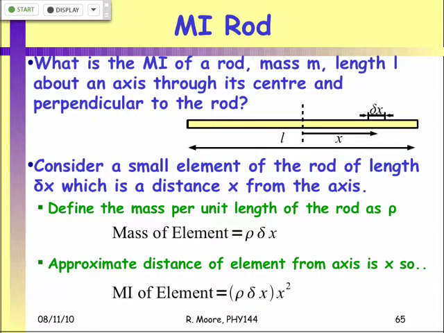So the problem we've got is we've got a rod, and we want to calculate, it's a thin rod, so we don't have to worry about its thickness, what is its moment of inertia if it's rotating about an axis through its midpoint, right?